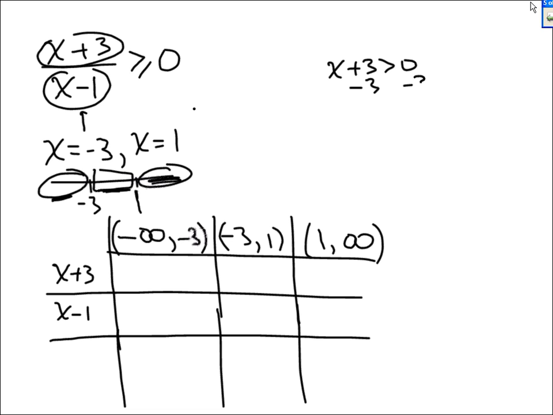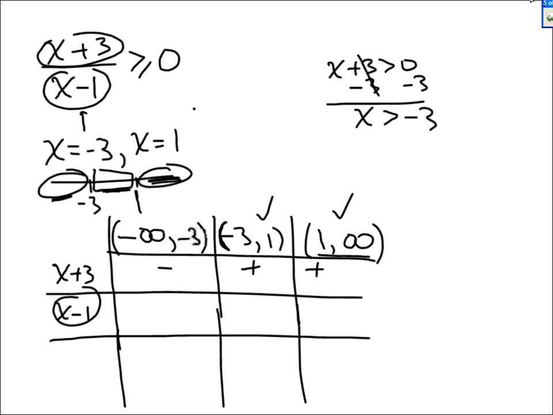Take away 3, take away 3. x is bigger than negative 3. These two intervals have x's bigger than negative 3. This one does not include negative 3, but includes everything to the right of it, up to 1. And then this one picks up at 1. So those are the two that are positive, and this one's negative.